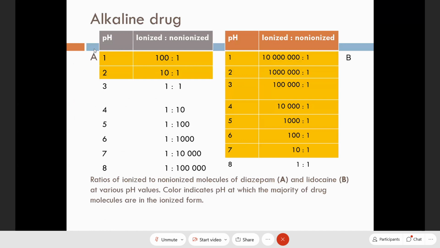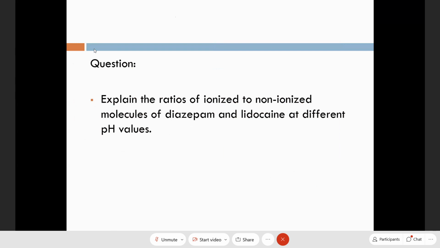I will post this question in the forum. Later on you can try to answer the question and write your answer in the forum; I'll create a forum so everybody can try. The question is: explain the ratios of the ionized to non-ionized molecules of diazepam and lidocaine at different pH values.